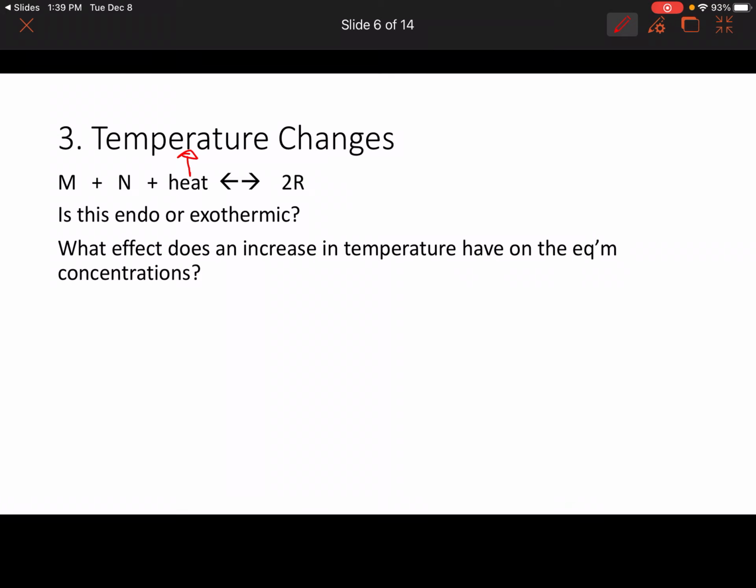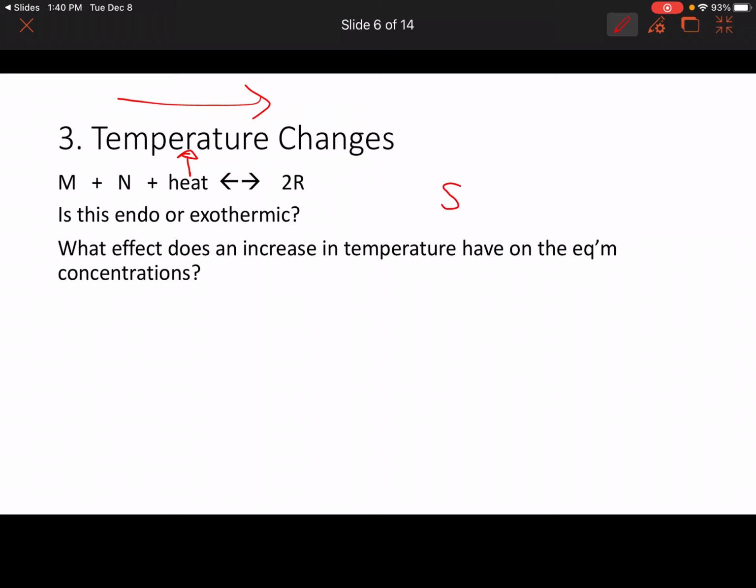Now, if we increase the heat, the forward reaction is moving that way. This is our M plus N. For them to react, it requires heat. So if you increase the temperature, that's going to favor that reaction and push the forward reaction. What's then going to happen to the concentrations of M and N? They're going to decrease because you're pushing the forward reaction, or equilibrium is shifting to the right.